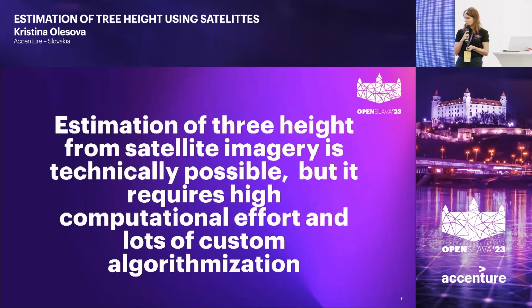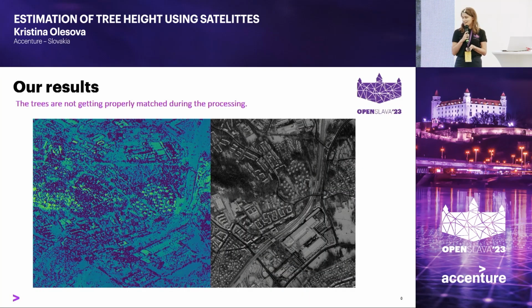You can see that the roofs of the buildings were detected pretty easily because they have strong shapes. But for a forest, you see just the black dots. That doesn't mean that they have zero height, but that they were not mapped because there are no strong features for us.